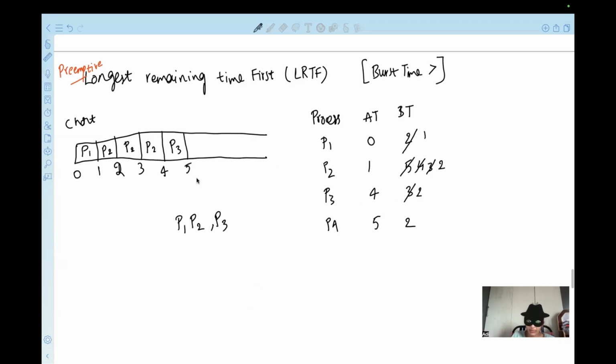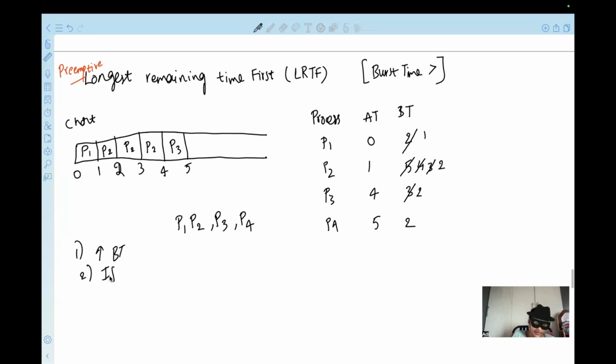Okay. At 5 point of time, is there any process coming up? Yes, P4 is coming. Now we'll compare P1, P2, P3, P4, which has the higher burst time. The higher burst time is for P2, P3, P4. But now we will see the arrival time. First thing is higher burst time.